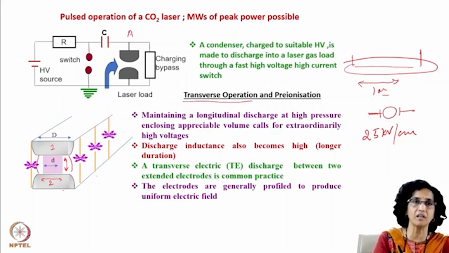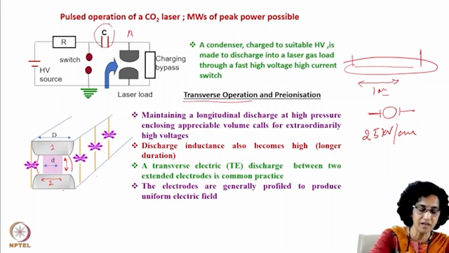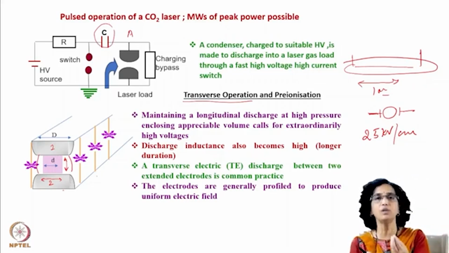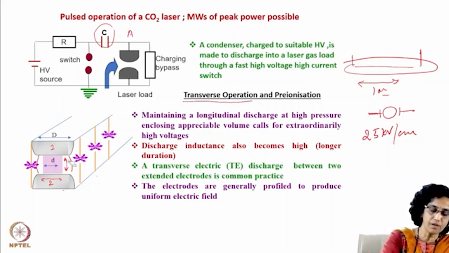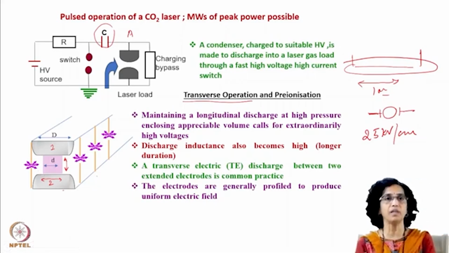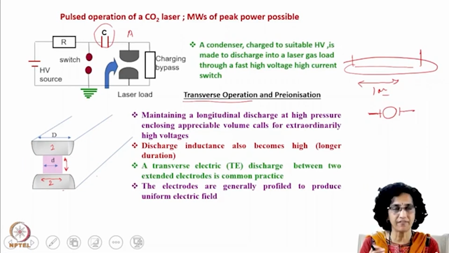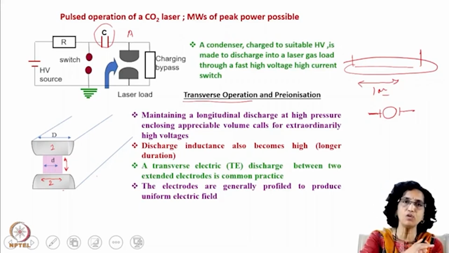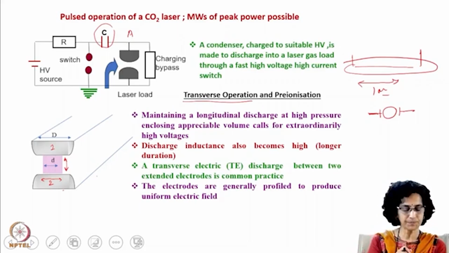Because if you have an arc, then the entire energy that you have stored in the condenser will just go through the arc regions, so the volume will be too small to have any appreciable output. So to avoid that, one normally makes use of contoured or profiled electrodes. There is no enhancement in field, and there is a uniform field distribution in the entire active region.